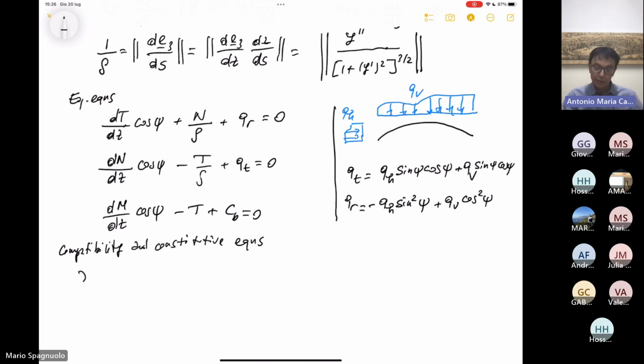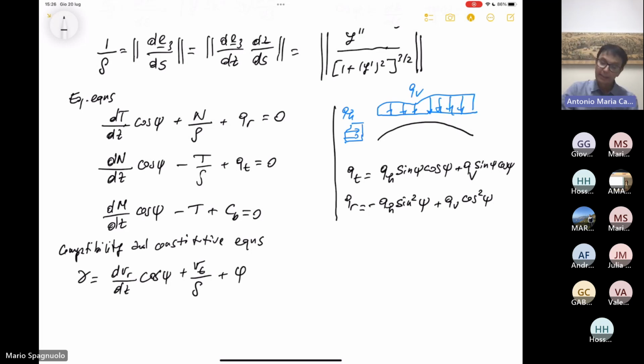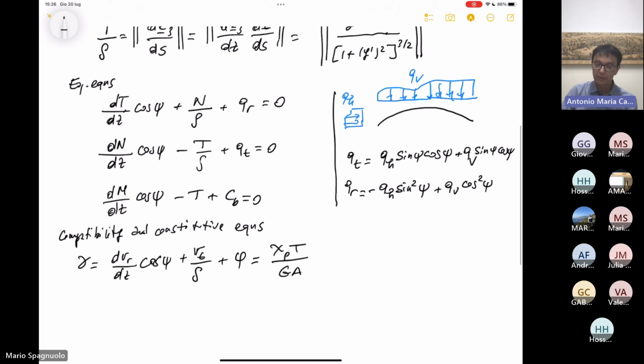Gamma, which is the shear strain, is dVr over dz cosine psi plus Vt, the tangent displacement, over rho, plus phi, because we don't have a derivative here, which is the rotation of the cross section. This will be equal to T over GA. So these are compatibility and constitutive equations.